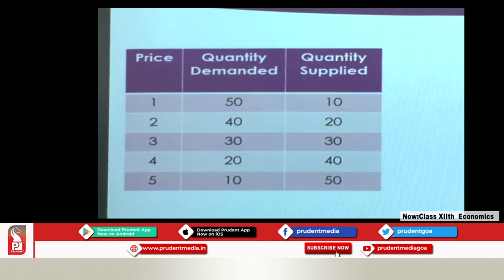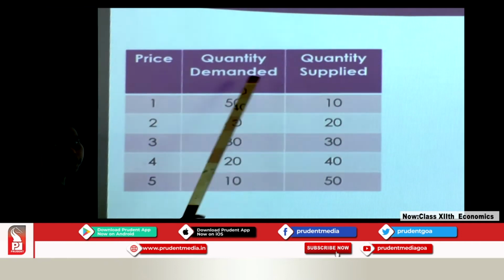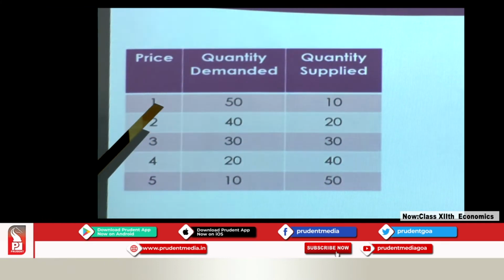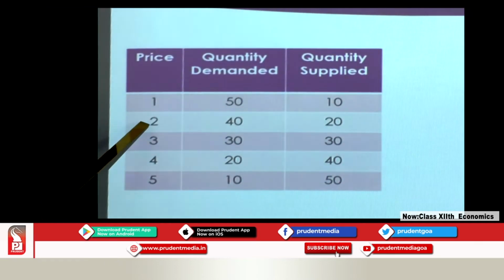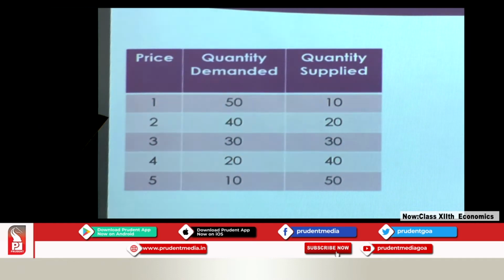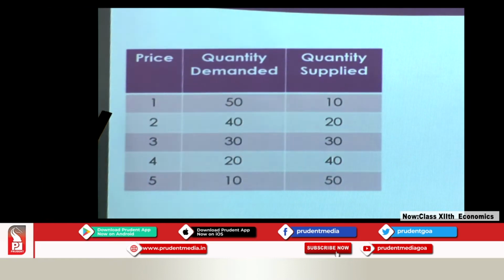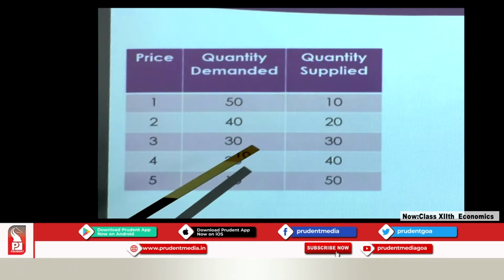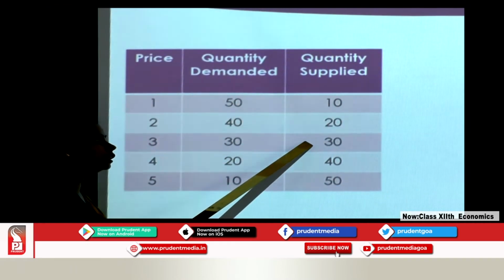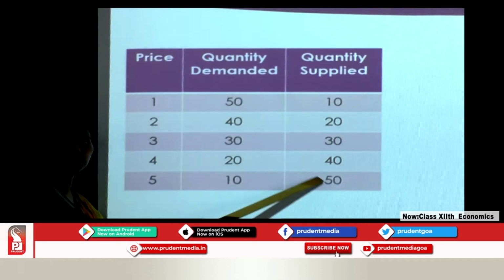Similarly, we also have a relation between the price and the quantity supplied. We find that as the price rises from 1 to 2, the quantity supplied also rises from 10 to 20. With a further rise in the price from 2 to 3 and so on, we find that the quantity supplied also rises from 20 to 30, from 30 to 40 and then to 50.